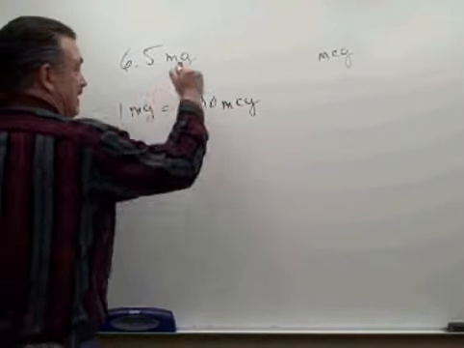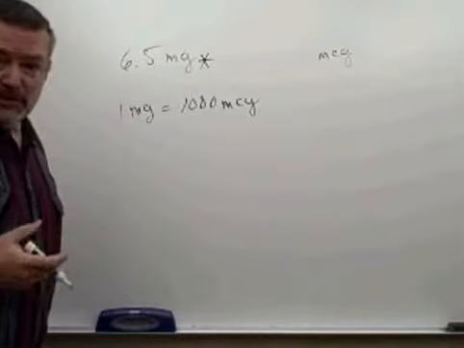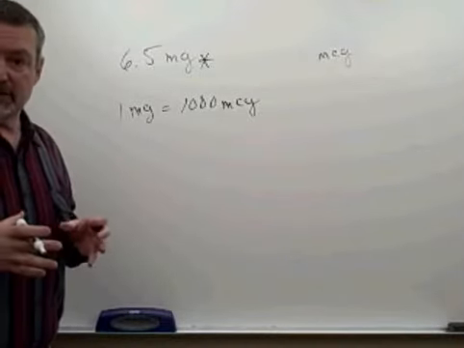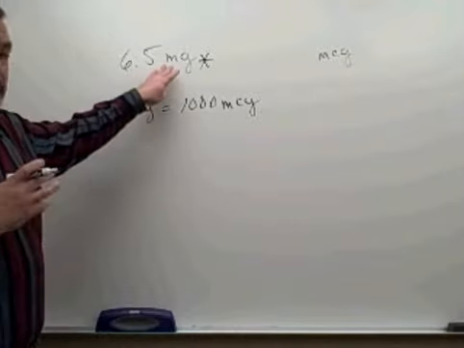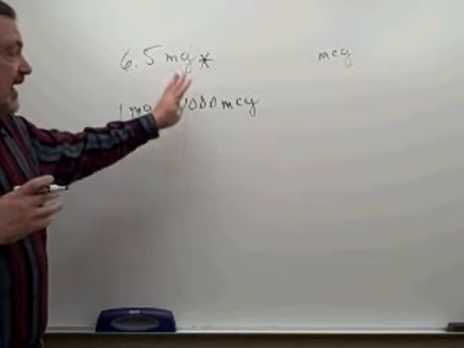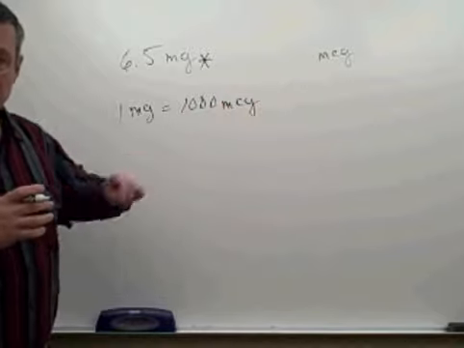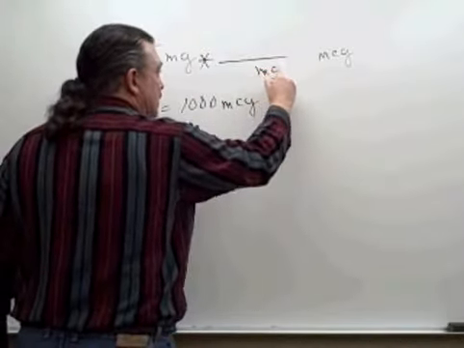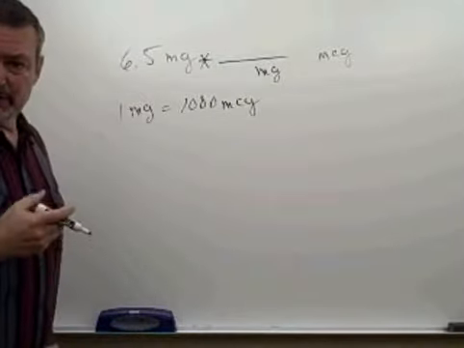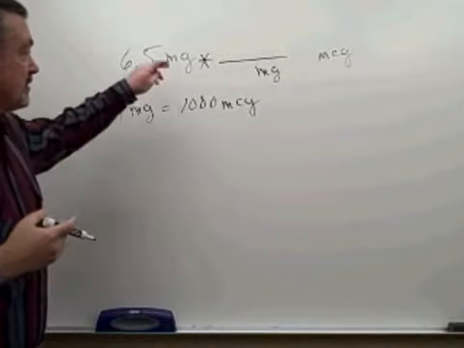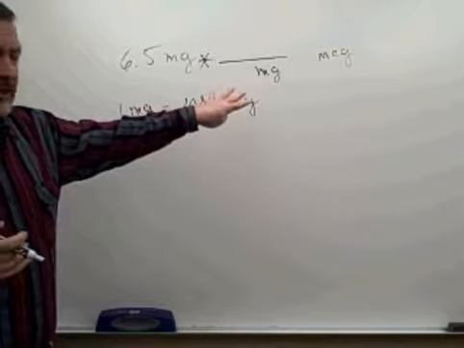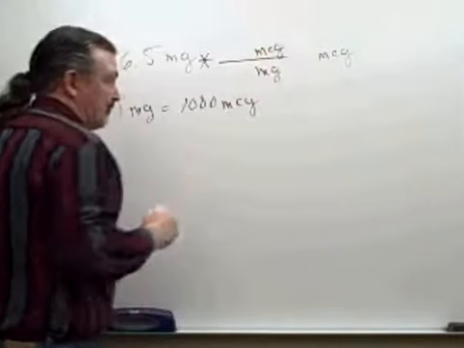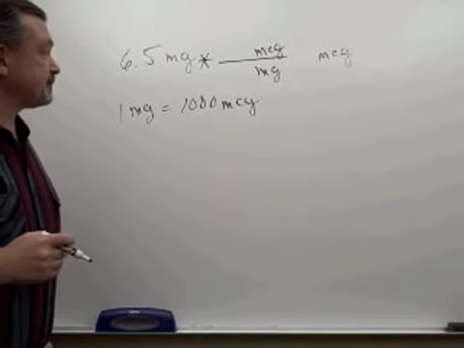And the way we do that, again, is using our technique of dimensional analysis. We're going to put in a conversion fraction that will cancel the milligram units and leave us micrograms as our unit of measure. So to cancel milligrams, we would have to have milligrams in the denominator. You always cancel from numerator to denominator. And to end up with micrograms, we would have micrograms in the numerator.